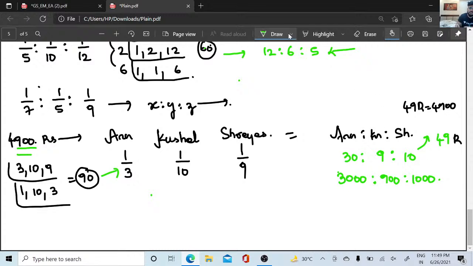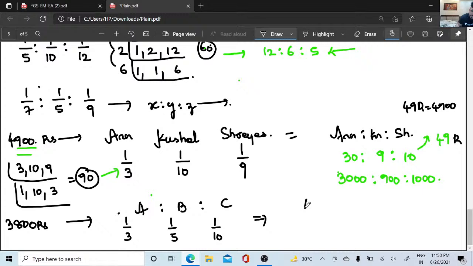So an example problem for you people, and I will end the class here. There is a total of 3,800 rupees, and this 3,800 rupees has to be distributed among A, B and C in the ratio that A gets 1 by third of it, B gets 1 by fifth of it, and C gets 1 by tenth of it.